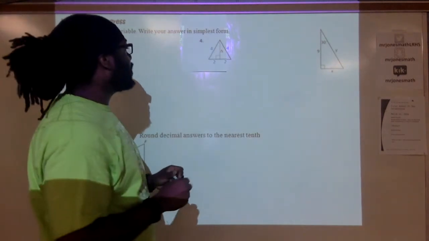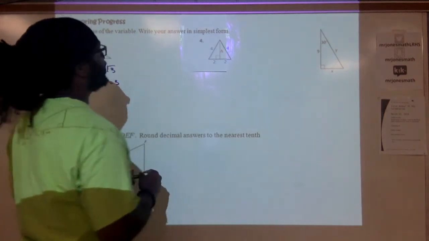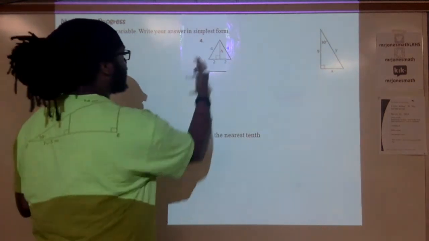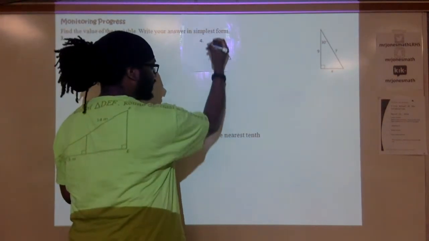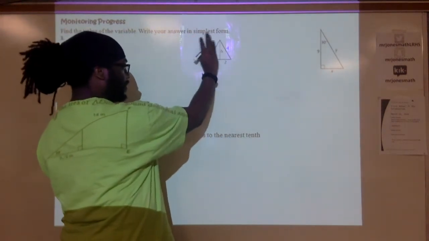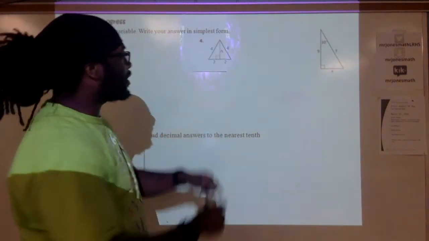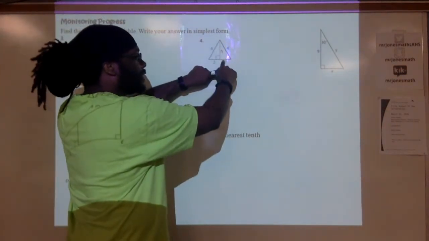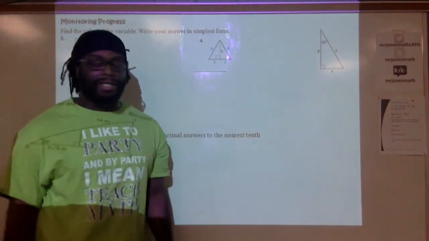We have an equilateral triangle, and we're trying to find the height of that triangle. We know our base is 2, and the height, or the long leg, of half of this 30, 60, 90 triangle. Notice that this is an equilateral triangle. We cut it in half, so it makes 2 30, 60, 90 triangles.